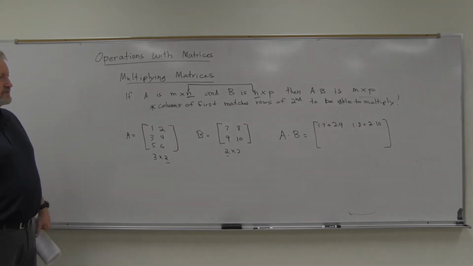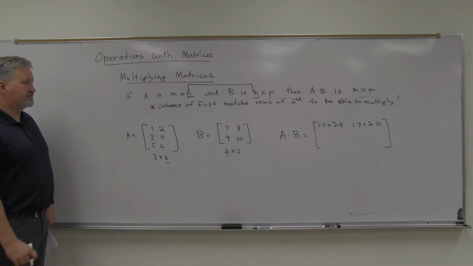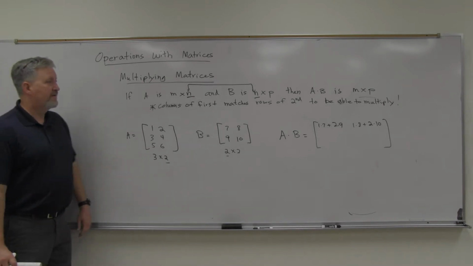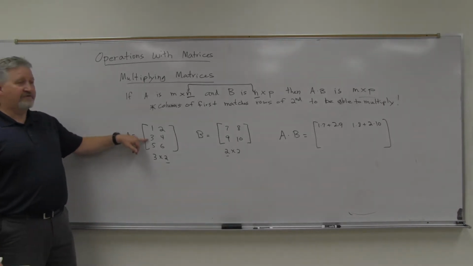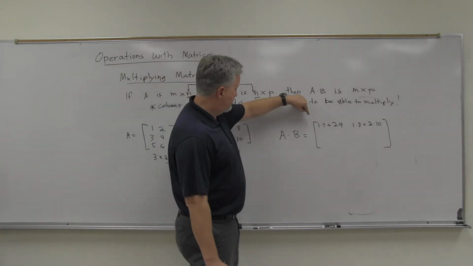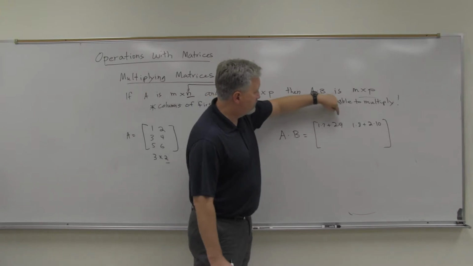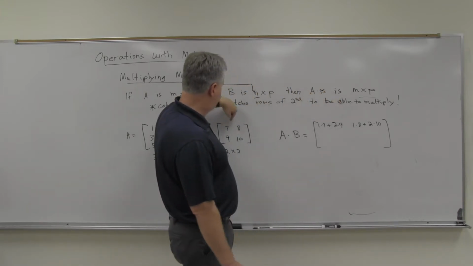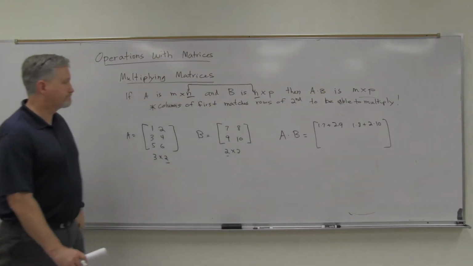And that'd be the second entry in that. And we'll multiply it all out here in a second. All right? But now we're going to do the same thing for row 2. So that was row 1 with the columns of B.